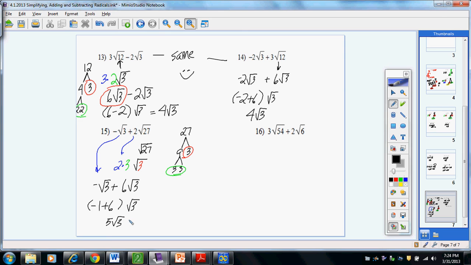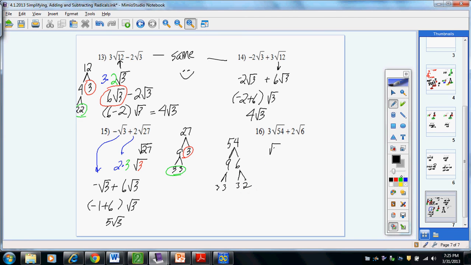Okay, and this is the last one. We have this square root of 54. So again, let's just simplify the square root of 54. We're going to factor this. We have 9 and 6, 3 and 3, 3 and 2.